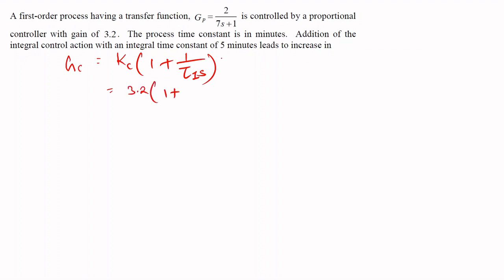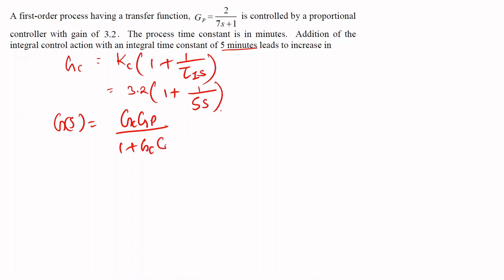The value of tau I we have been given, the integral time constant, is 5 minutes, that is 1 upon 5s. Now for this PI controller, we find the closed loop transfer function, GC GP upon 1 plus GC GP.